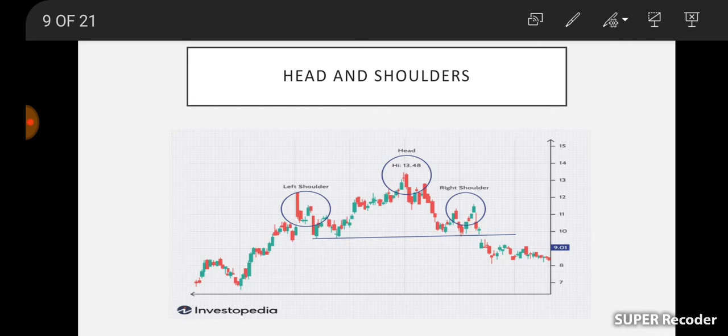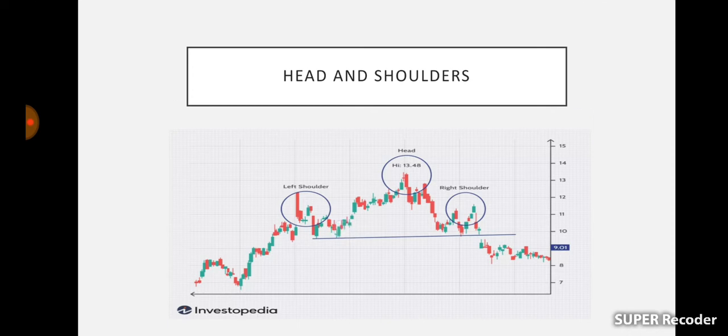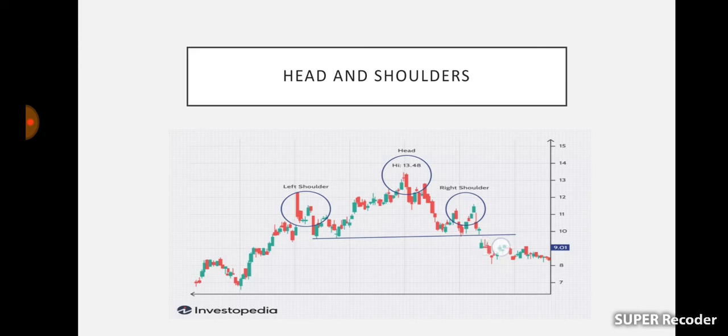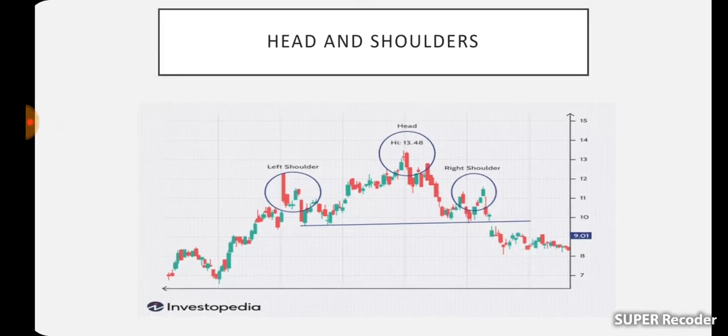The first low point occurs here at the end of the left shoulder. The second at the end of the head. Okay. And the pattern is completed when the support provided by the neckline is broken. Here it is broken.